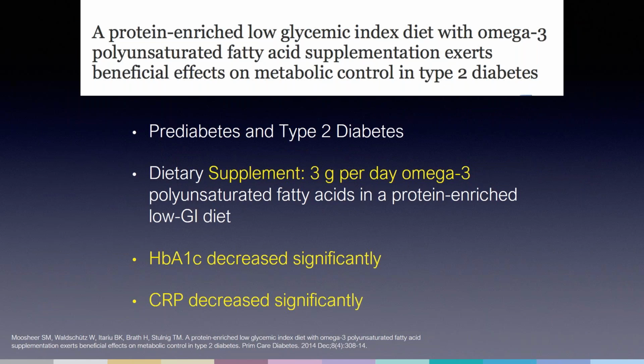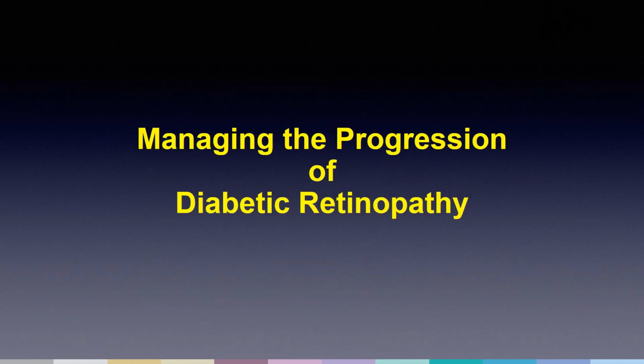People who ingested a low glycemic index diet, so low simple carbohydrates, along with omega-3 fatty acid supplements, were found in this study to have a protective effect where they had decreased significant levels of hemoglobin A1C as well as C-reactive protein, a nonspecific indicator of inflammation in the body. So these people simply changed their diet, added an omega-3 supplement, and found improved systemic control. So we know that this can be effective.